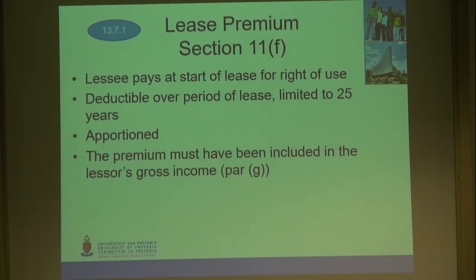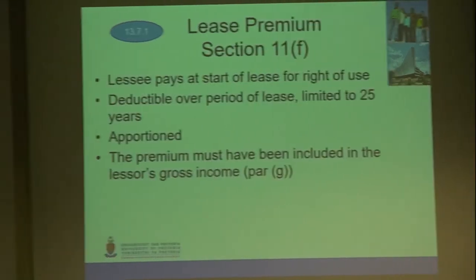How are we going to work it out? Well, we've said we're going to take the amount of the lease premium. We're going to divide it by the number of years of the contract. Just remember this number of years must be less than or equal to 25 years, so we never want more than 25 years.